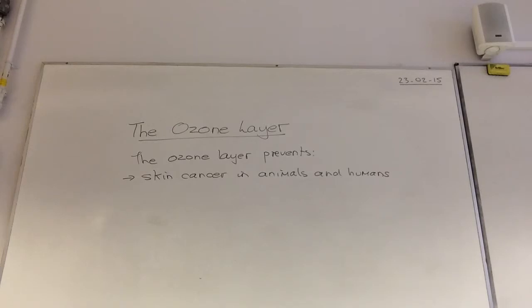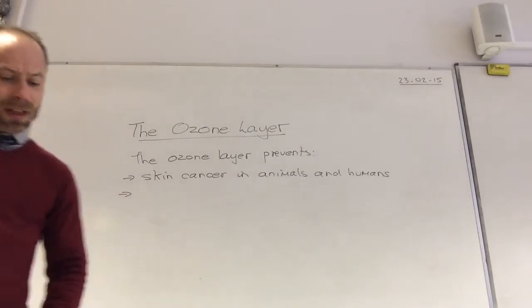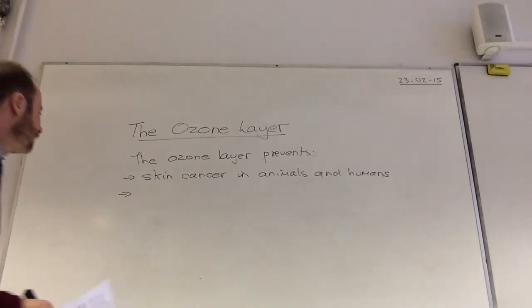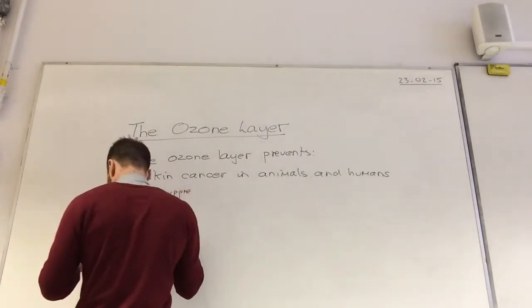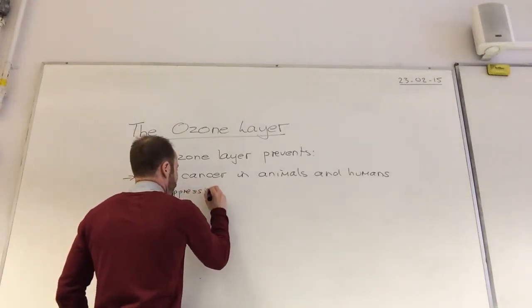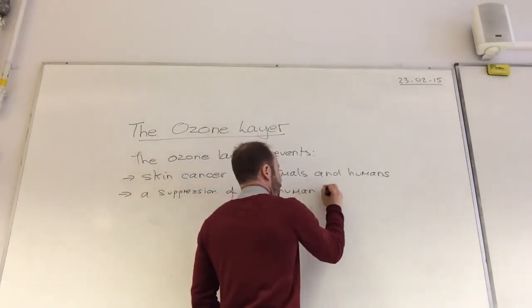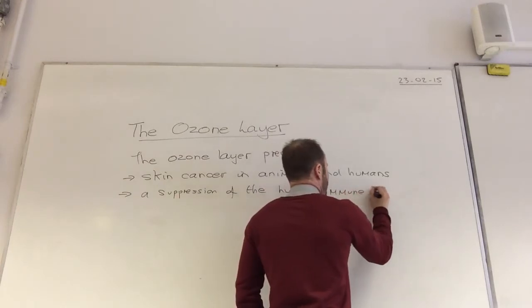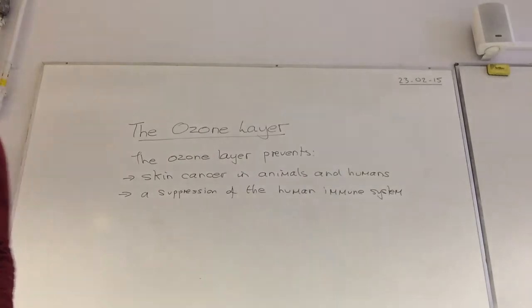Ultraviolet radiation is also really bad for the immune system as well. So it prevents skin cancer in humans and a suppression of the human immune system. So it's kind of important for us. Anything else at all? Anything else?